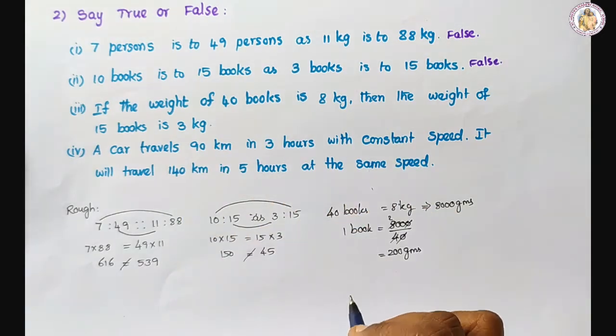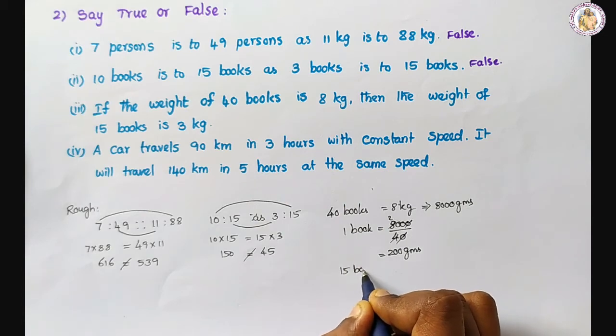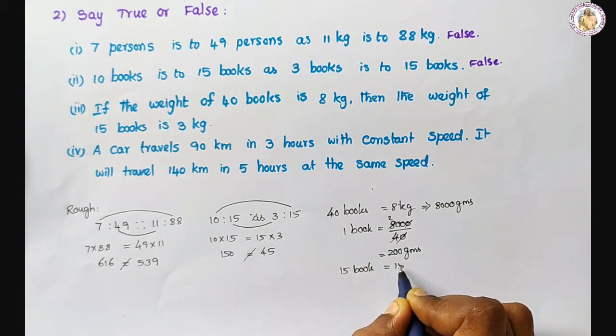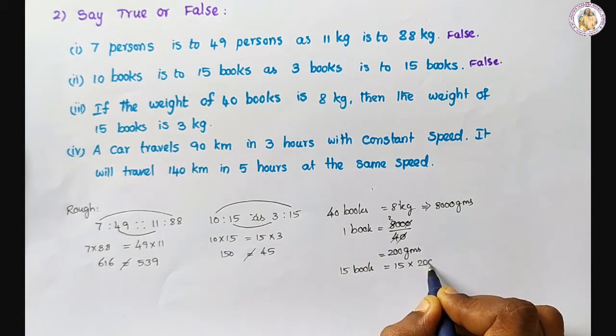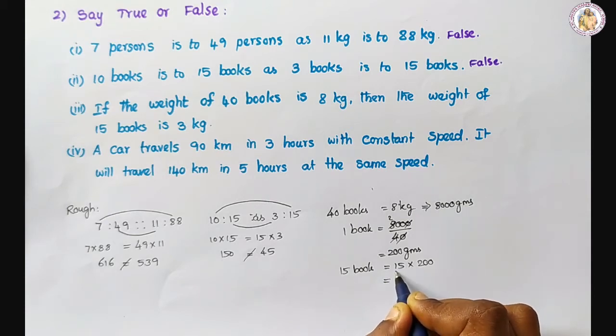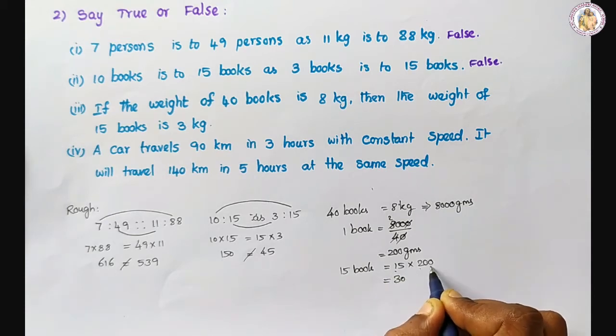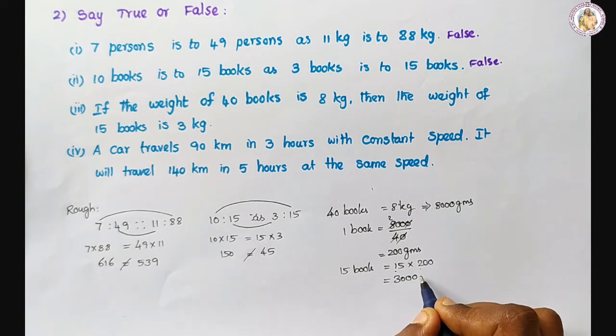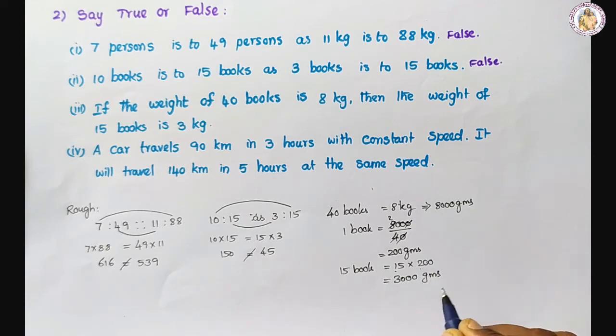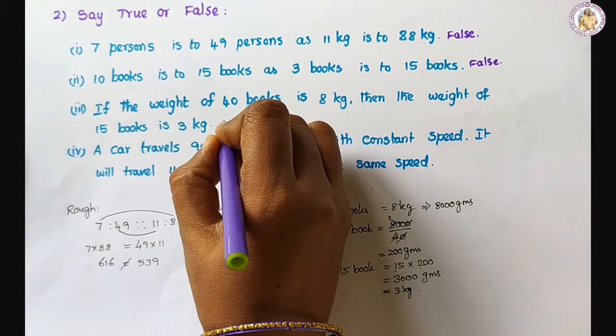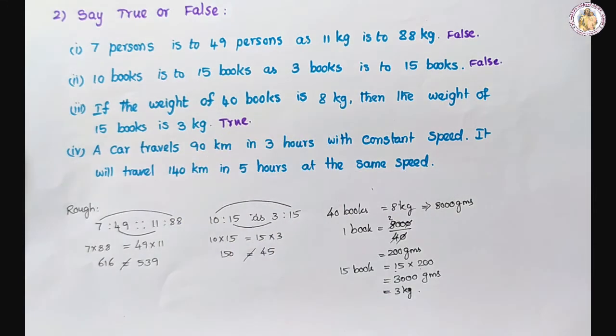Now 15 books weight. 15 books means 15 into 200. That is 15 twos are 30, put 2 zeros. 3000 grams. That is 3 kilogram. Here they have also given 3 kilogram. So that is a true statement.